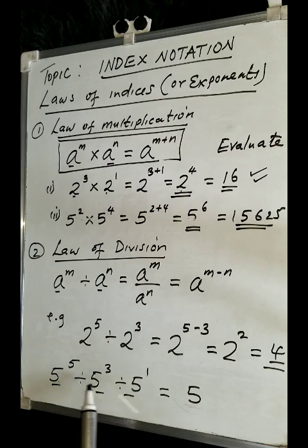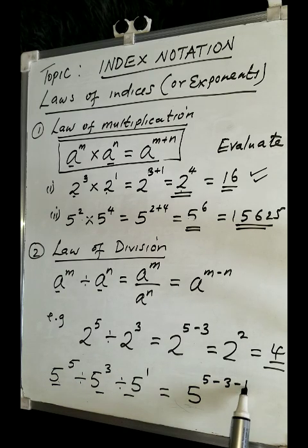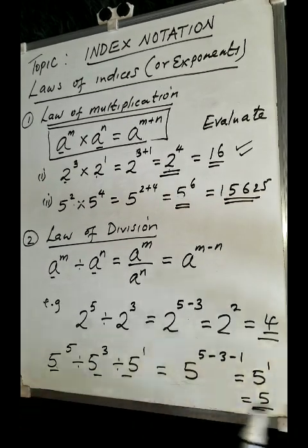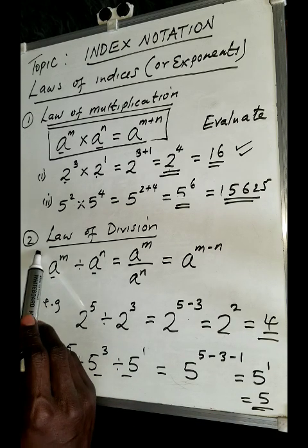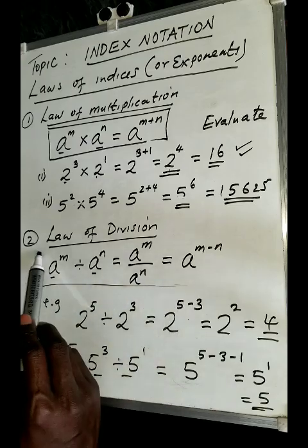What do you do to the powers? Because you are dividing, you subtract. So it will be 5 minus 3 minus 1, and that is going to give you 5 raised to the power 1, which will just give you a 5 there. So it does apply as long as the bases are all the same. This is what we call the law of division.